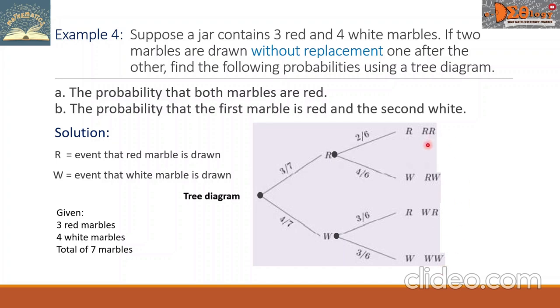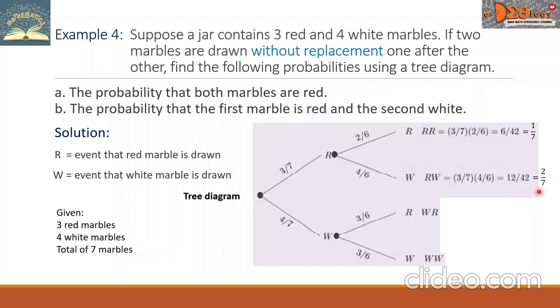Let us now compute the corresponding probabilities. For RR, we multiply 3/7 and 2/6, and the product is 6/42. We simplify this as 1/7. For RW, we multiply 3/7 by 4/6, and the product is 12/42.